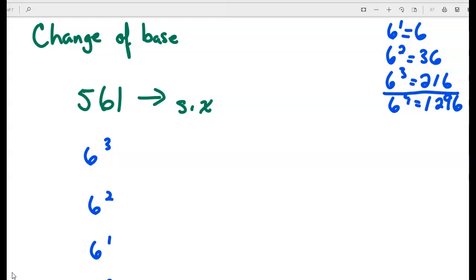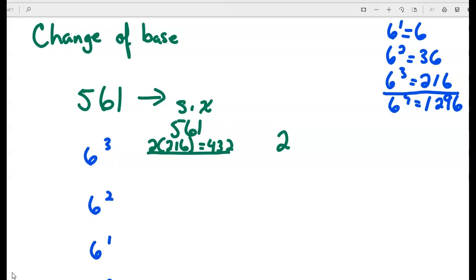If I do 216, it will go into this twice, because 2 times 216 is 432.